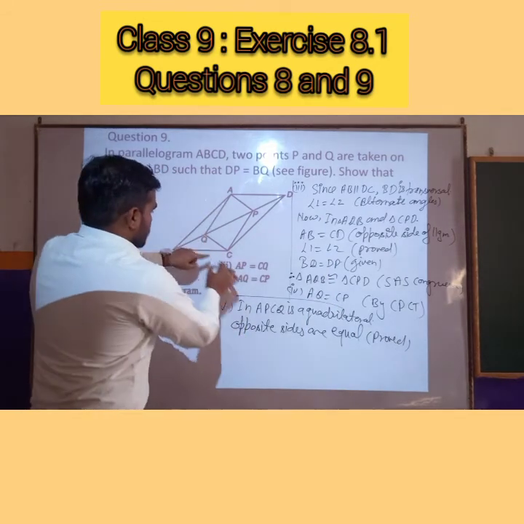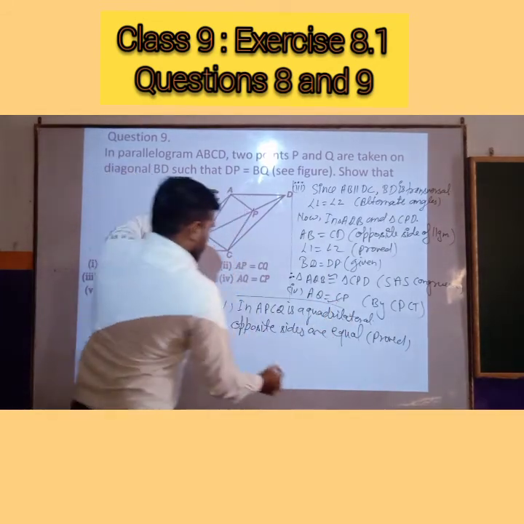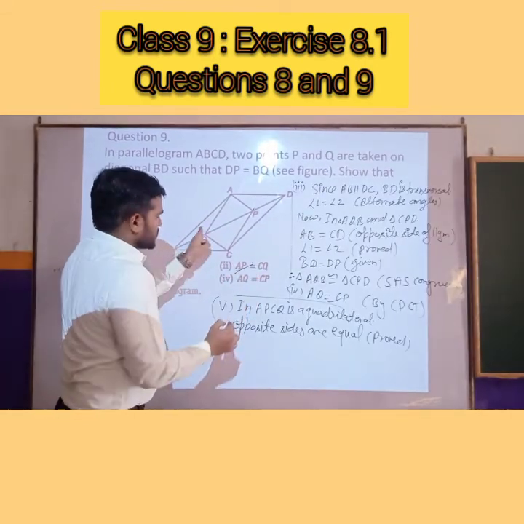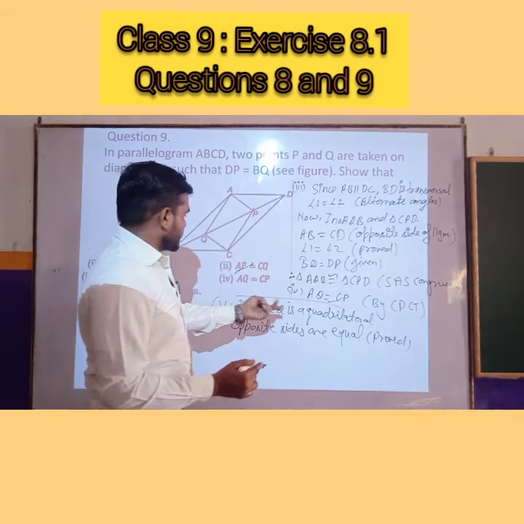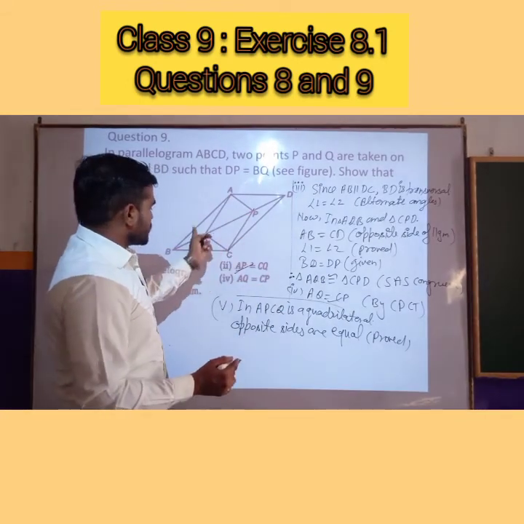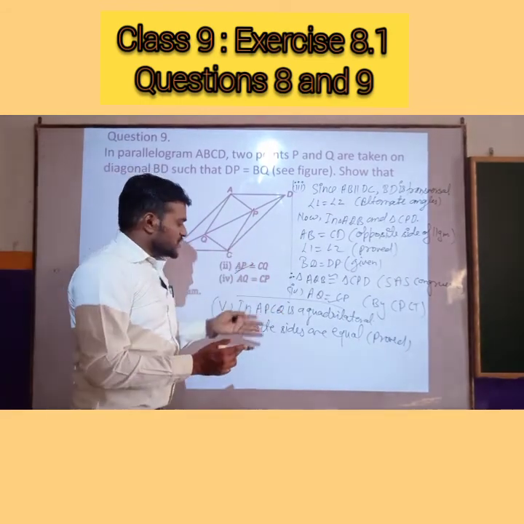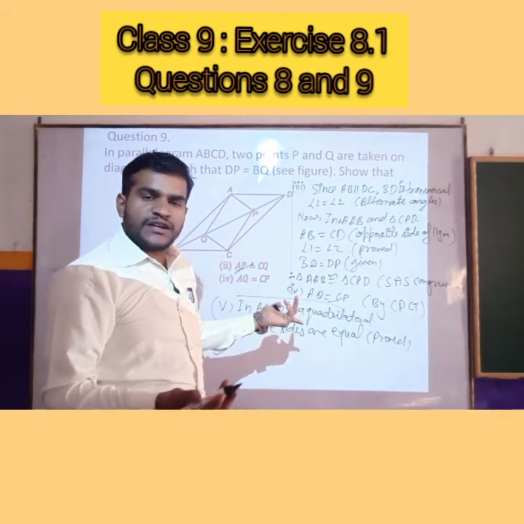See there, AQ is equal to CP, which we have proved. And in the second part we proved AP is equal to CQ. So opposite sides of the quadrilateral are equal.